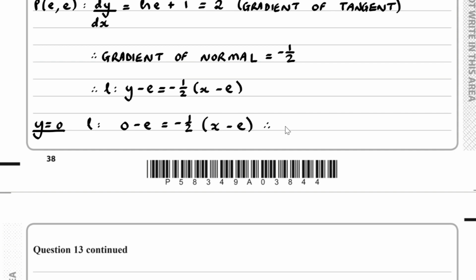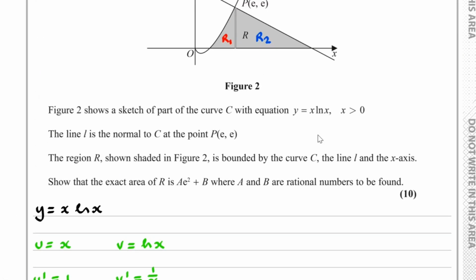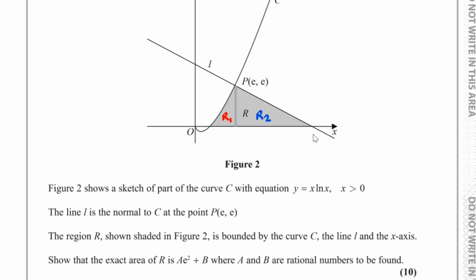And in this case, x is equal to 3e. Because if I multiply by 2, I have minus 2e equals minus x plus e, and if I rearrange for x, I get x equals 3e. So if I add that to my diagram, that means here I've got the point 3e, 0.